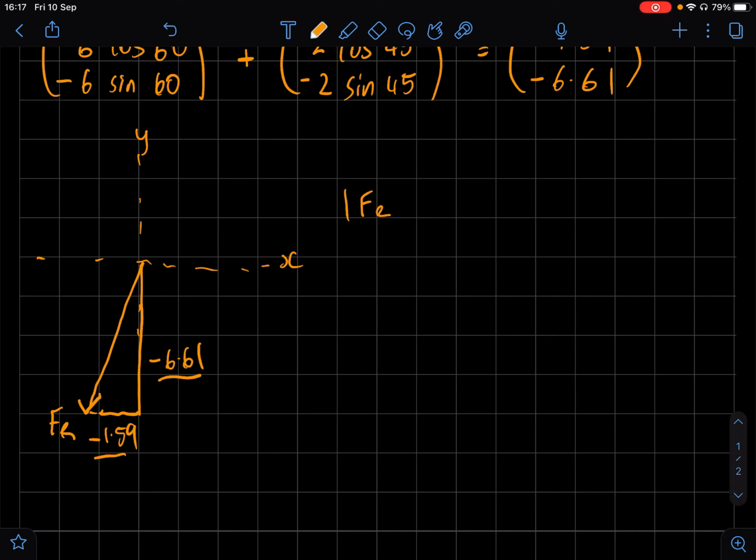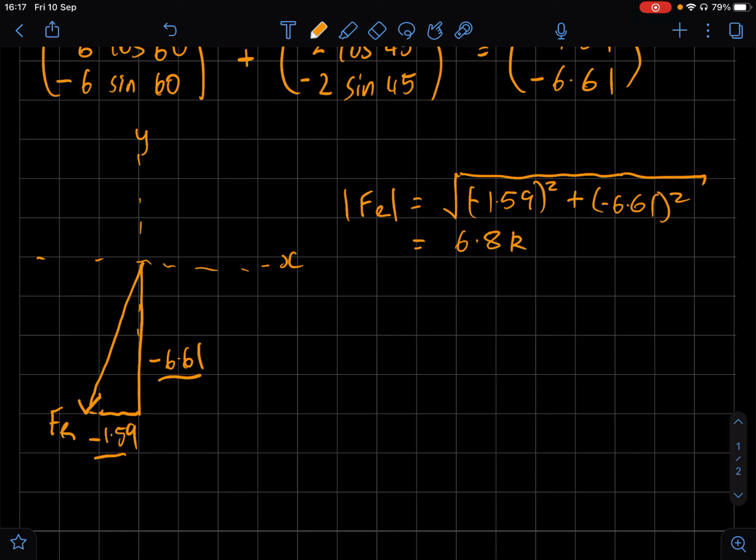FR magnitude equals the square root of negative 1.59 squared plus negative 6.61 squared, right? And that gives us 6.8 kilonewtons. Easy.